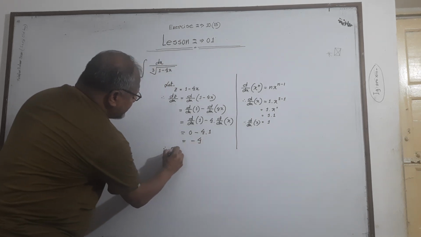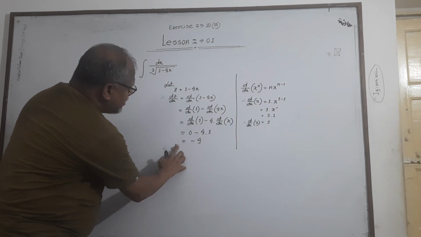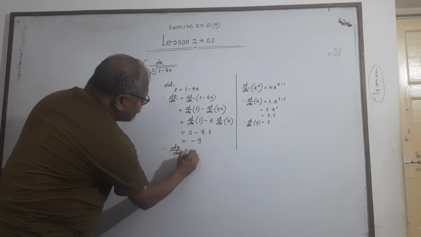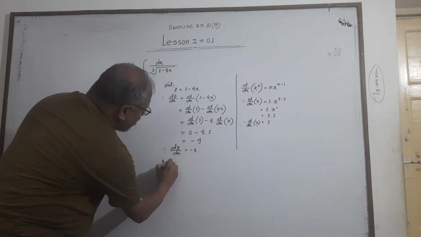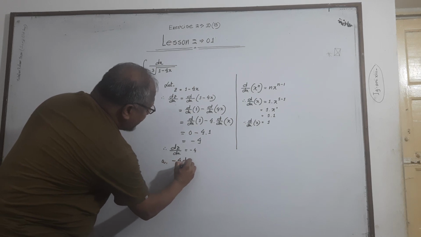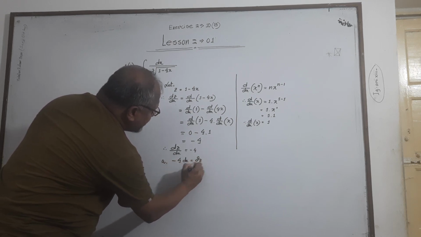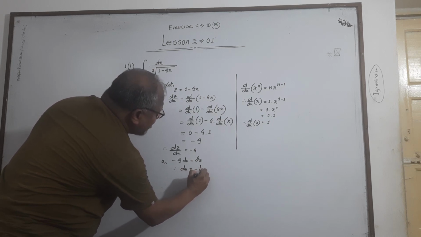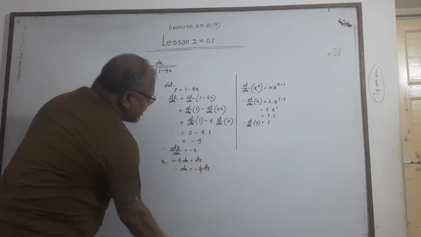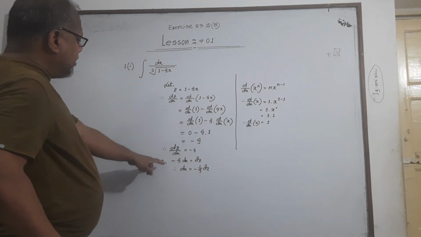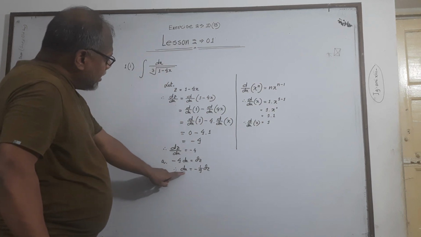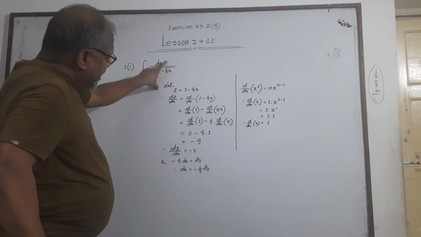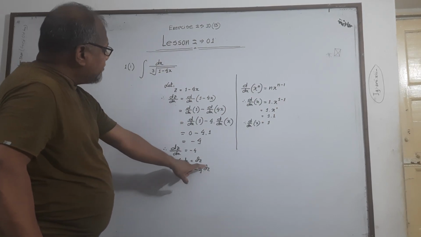So dz by dx equals minus 4, or minus 4 dx equals dz. Therefore dx is equal to minus 1 by 4 of dz. So I determined the value of dx, and instead of dx I put this value, minus 1 by 4 of dz.